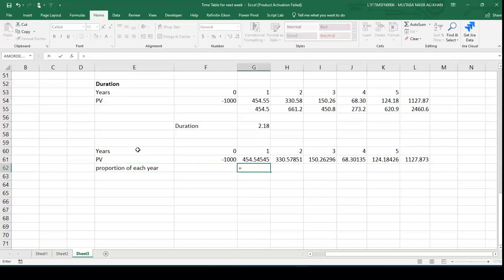That is, divide each present value with the total. So when you divide each present value with the total, the total will remain constant in each division. So I will lock this cell.